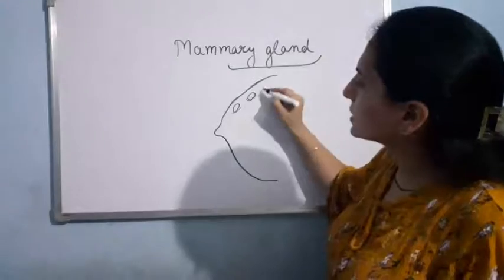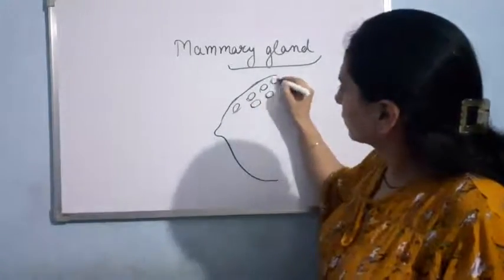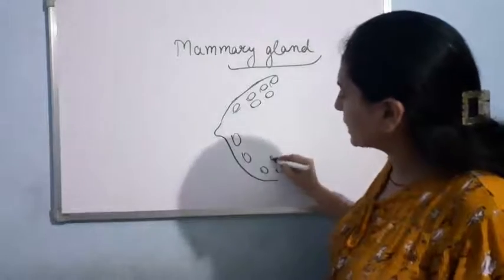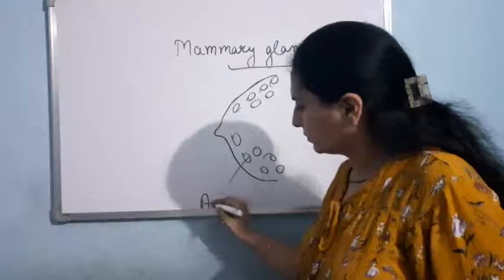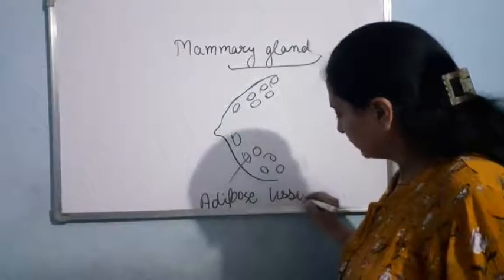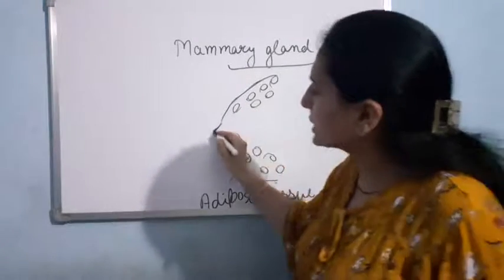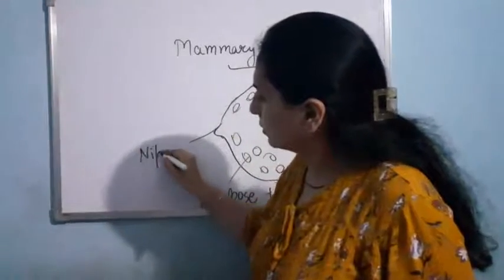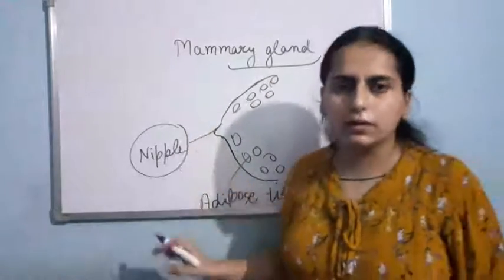Firstly, there is a fatty tissue, that is adipose tissue. And here there is a protrusion which is known as the nipple. Basically, from here the infant will suck the milk.